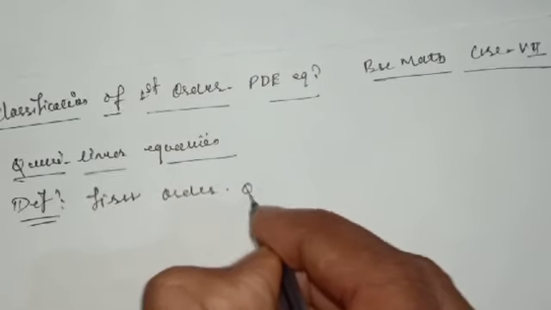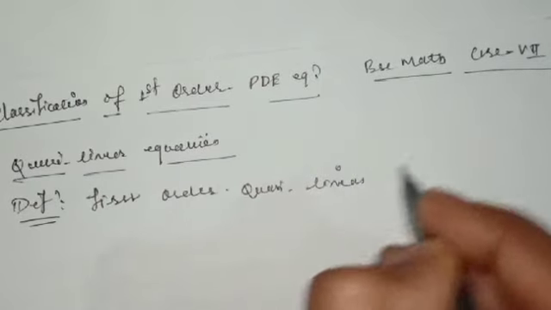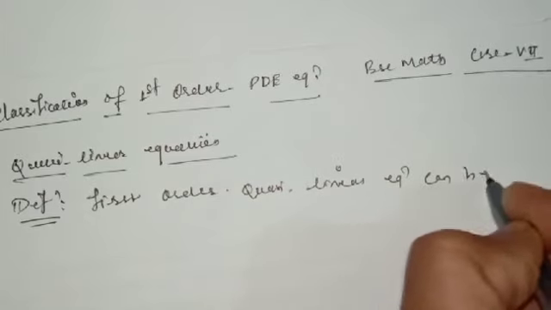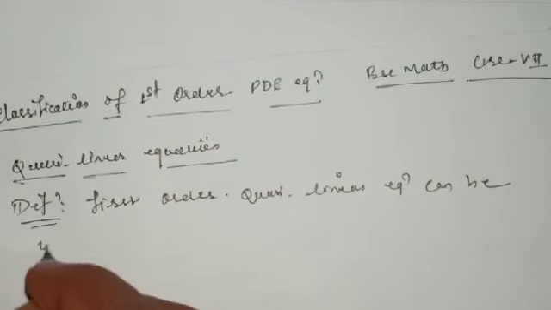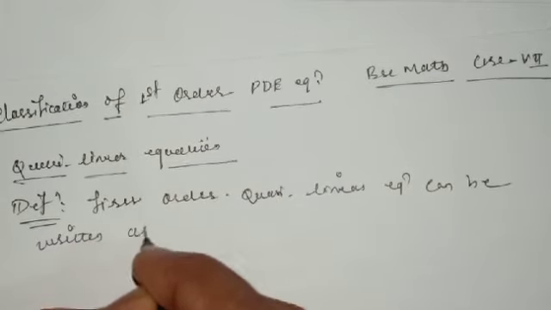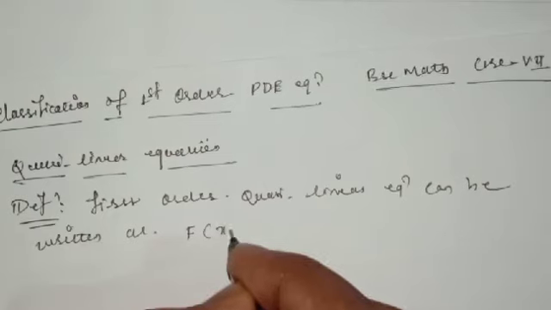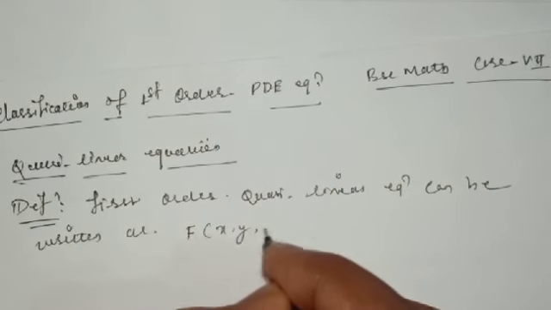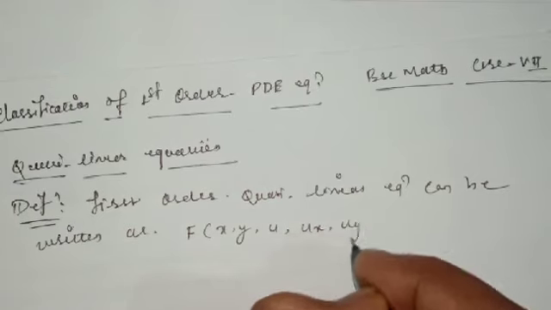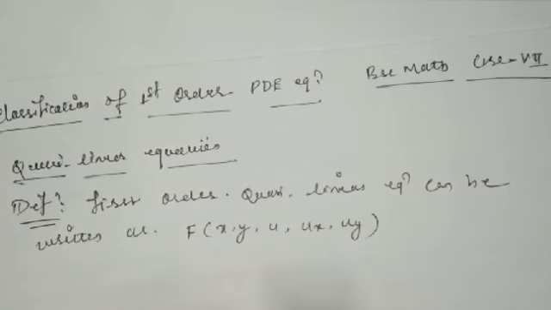First order quasi-linear equation can be written as f of x, y, u, ux, uy.